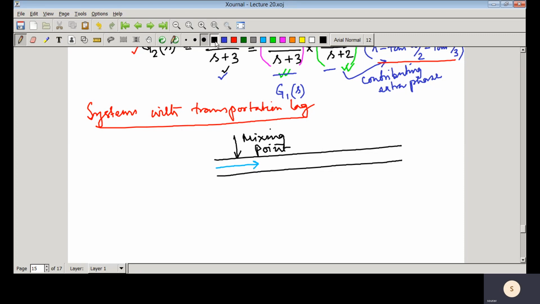You are monitoring the color at this particular point, which is the monitoring point.